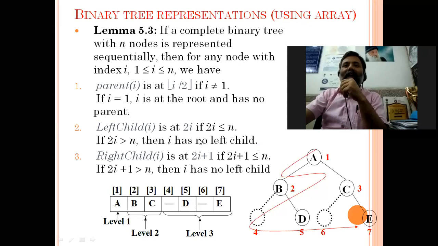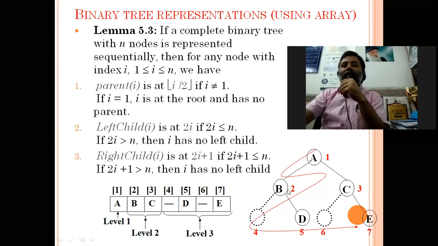Remember, this i is the index of the array. So the left child is 1 multiplied by 2, that is 2, and the right child 2i plus 1, that is 2 multiplied by 1 plus 1, that is 3. So B is stored at index 2 and C is stored at index 3.